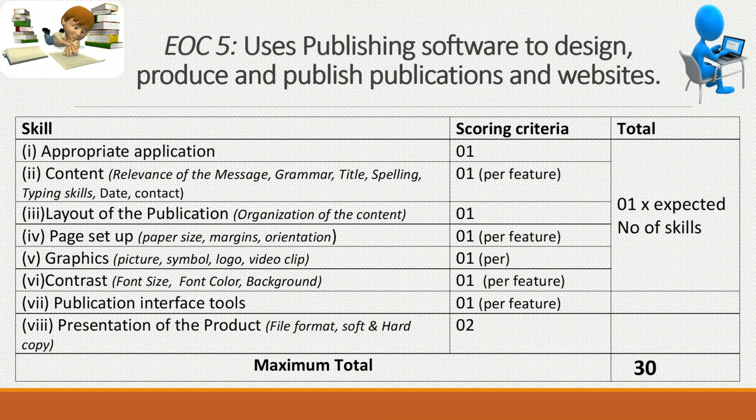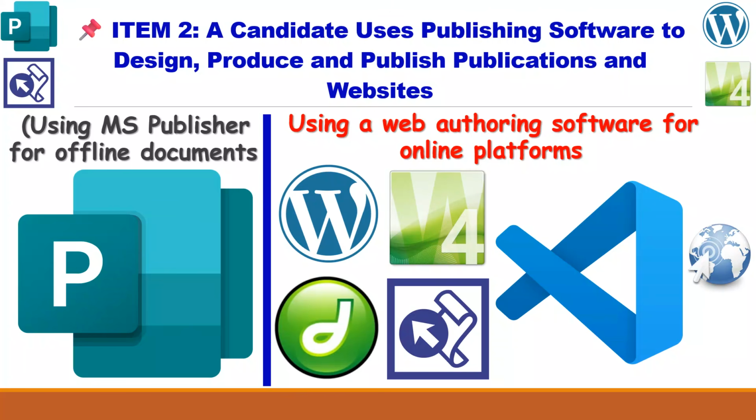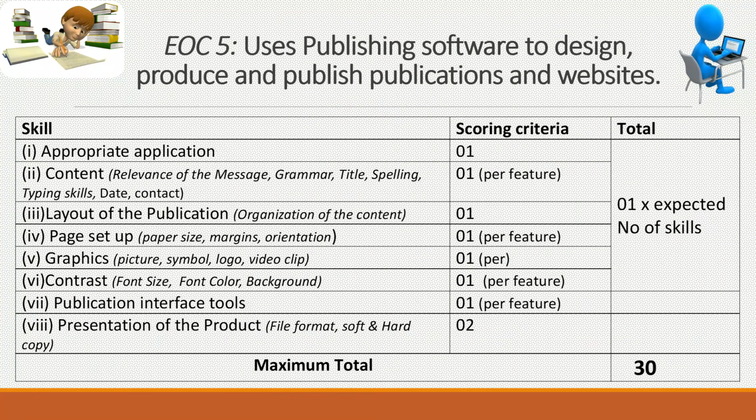Because if it is an offline document, we expect you to use those desktop publishing softwares like MS Publisher, like Canva, Illustrator, Adobe, etc. Basically for offline publications. If it is an online platform, we expect you to use the web authoring softwares that we have listed here.